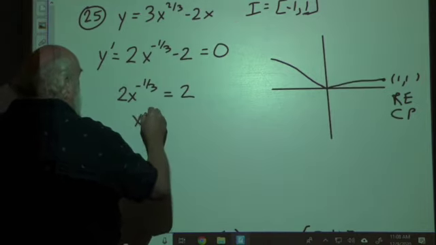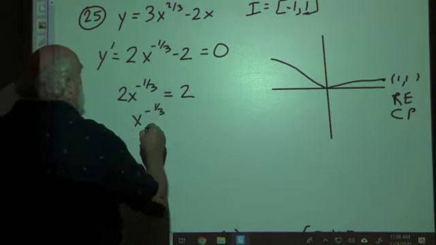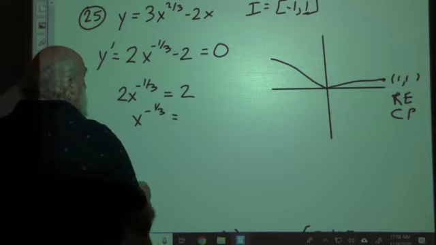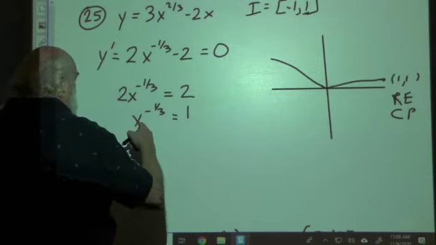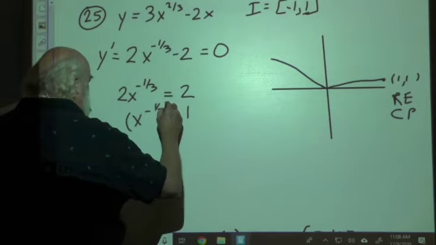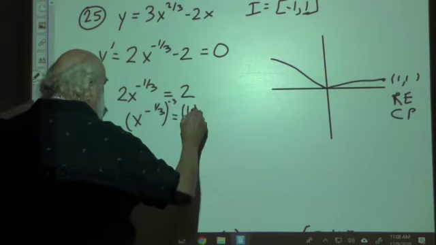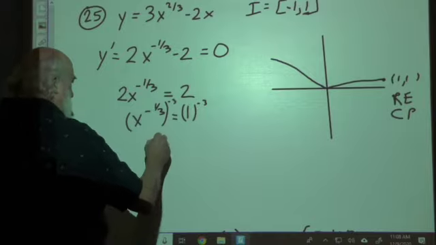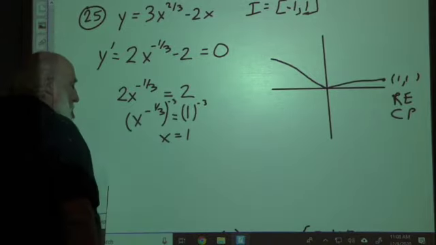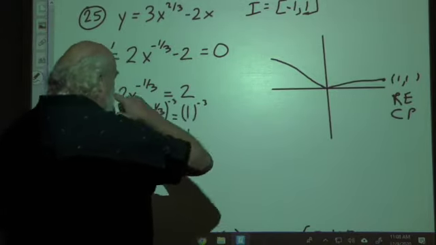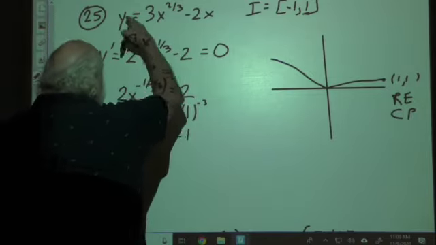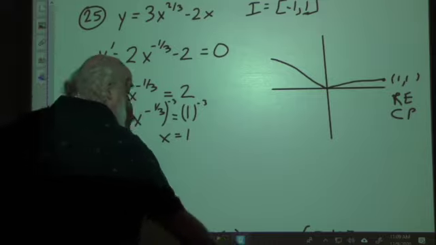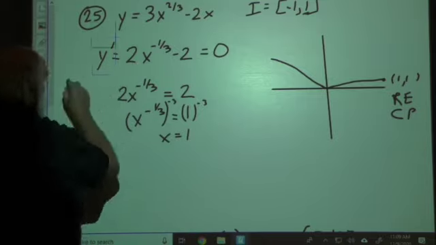We get x to the -1/3 power equals 1. And then you get rid of the -1/3 by taking it to the -3 power, and this gives you x equals 1. So x equals 1 over there. Okay? And then we have to find the y.